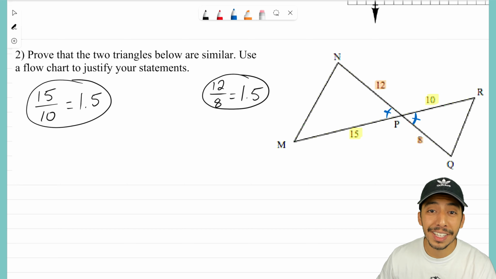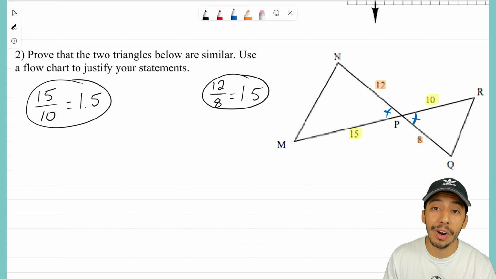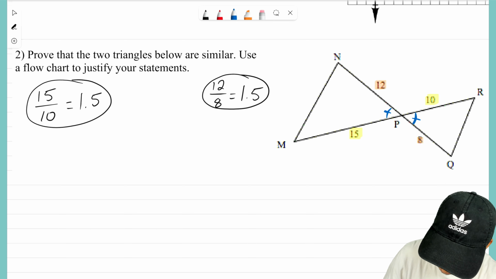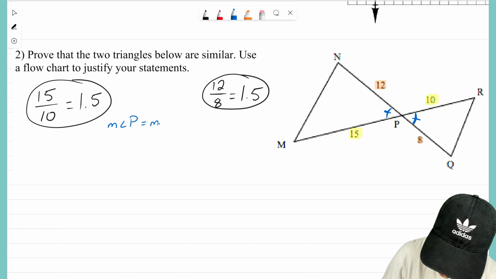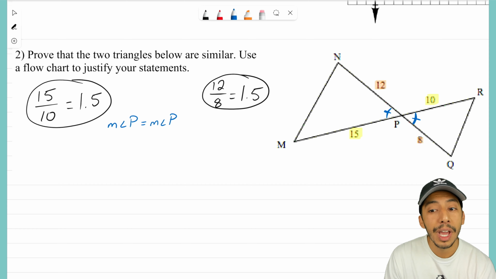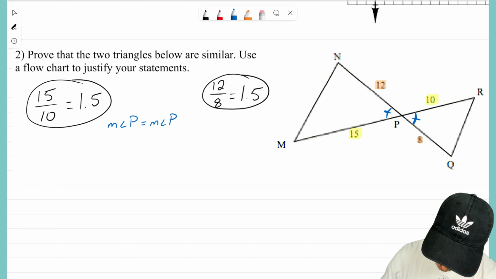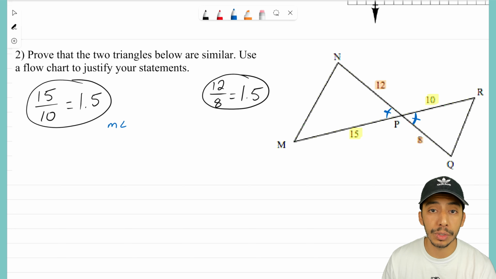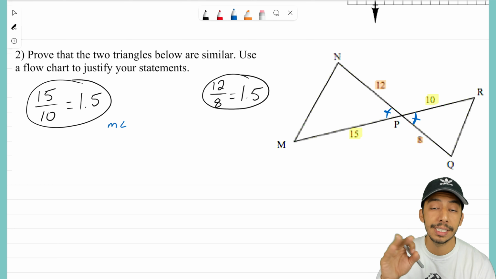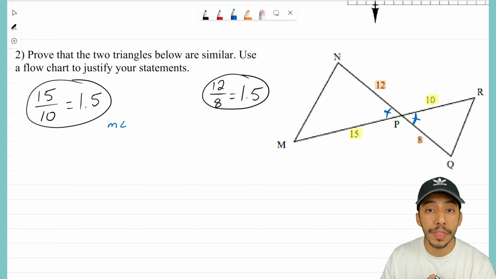That's our third fact. That's all we need to prove that these are similar. So let's go ahead and write it. We can't write that the measure of angle P equals the measure of angle P, because there are two angles at P, and I don't know which angle you're actually talking about. So instead, we need to trace out the angles to get three letters to name each angle. We'll start with the one on the left.